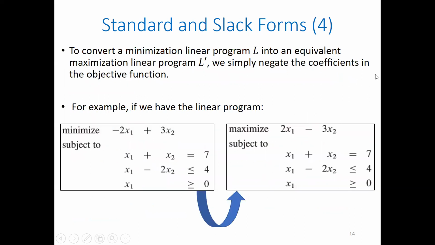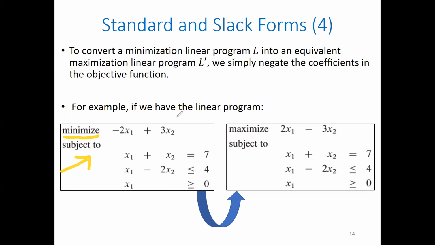Okay, so the first and simplest form is this one. Let's say this is a given LP problem, and I ask you to convert it to standard form. The first thing you look at is that it's minimize, not maximize. If you want to change from minimum to maximum, or maximum to minimum, what you do is just multiply the objective function by a minus sign.